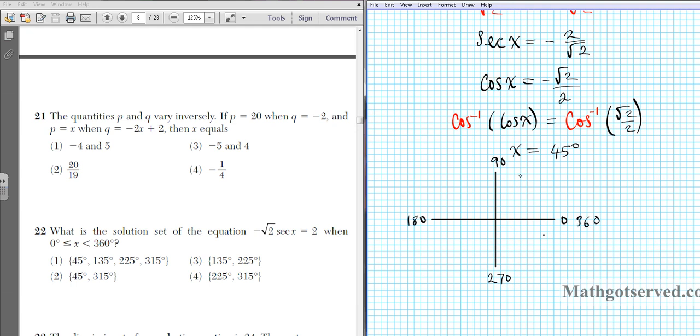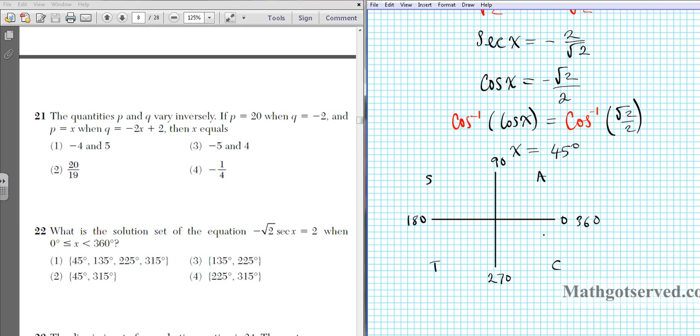Okay, so we have 4 possible quadrants, but cosine is negative, as you can see right here. There are only 2 quadrants where cosine is negative. Where are they? Well, we know that all students take calculus. That tells me that cosine is negative where you have the S for sine and cosecant and T for tan and cotangent. In these 2 quadrants, cosine is positive.